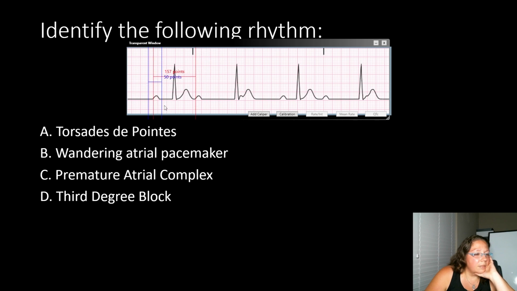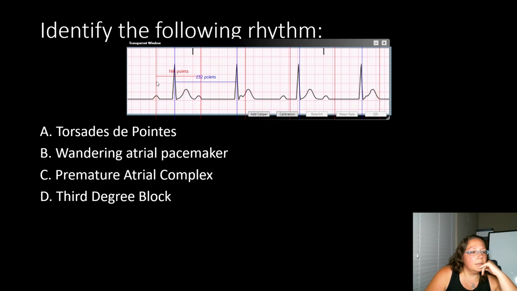Oops. So P waves are red. We'll make the QRSs blue. Let's march these bad boys out. Okay, so every time we got a red line, we have a P wave. See, P wave, P wave, P wave hitting that T, P wave, P wave. And every time we have a blue line, we have a QRS, QRS, QRS, QRS, QRS.